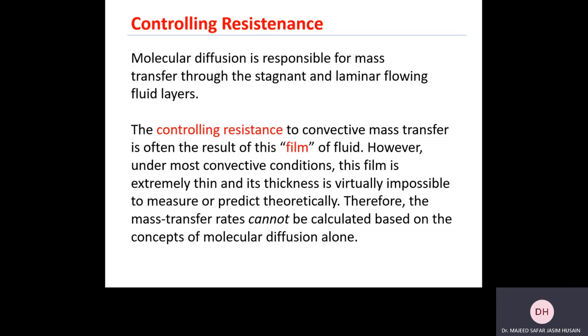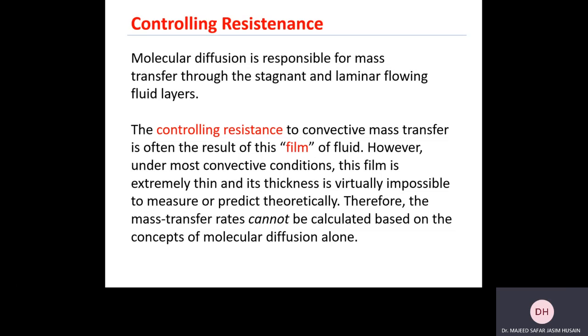However, under most convective conditions, this film is extremely thin and its thickness is virtually impossible to measure or predict theoretically. It is as if I asked you to go and measure for me the thickness of a hypothetical film; you would never be able to do that. Therefore, we cannot use any equation that has a film thickness in it.